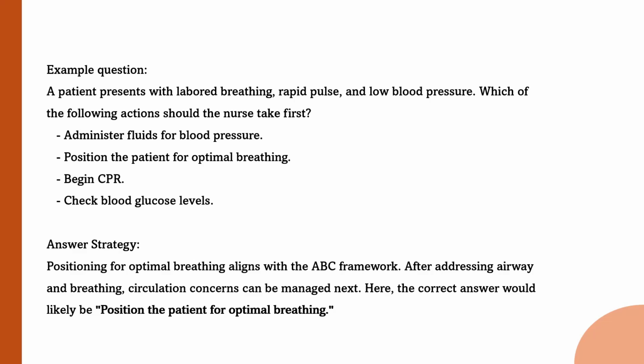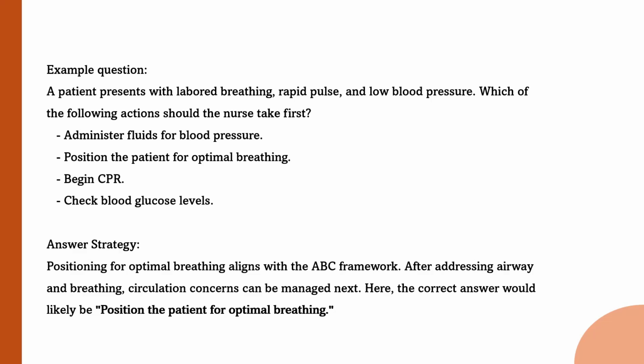Anytime you have a scenario that has to do with different findings, what should come to mind is your ABC, because trust me, we want to attend to every one of those abnormal findings, but we need to do it in a systematic approach, right? We need to ask ourselves which of these findings is the most important right now for us to solve before we jump to the other ones.